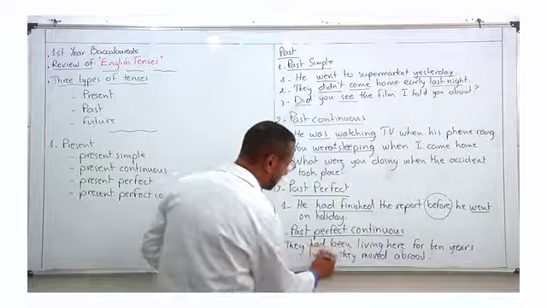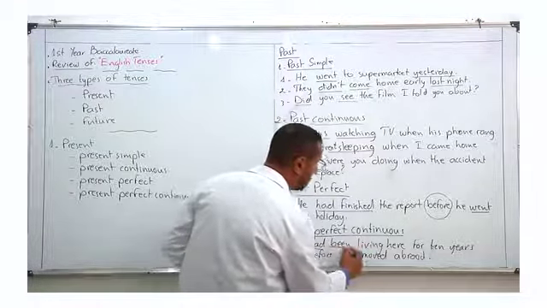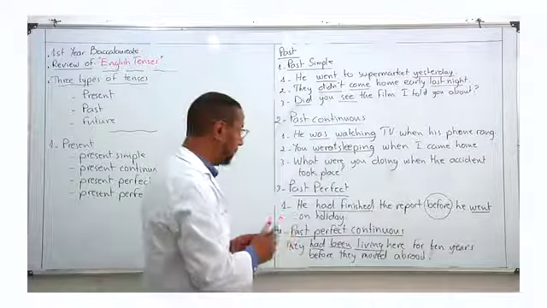The past perfect continuous is made with the verb have in the past, had, plus the past participle of the verb to be, been, plus verb plus ing.